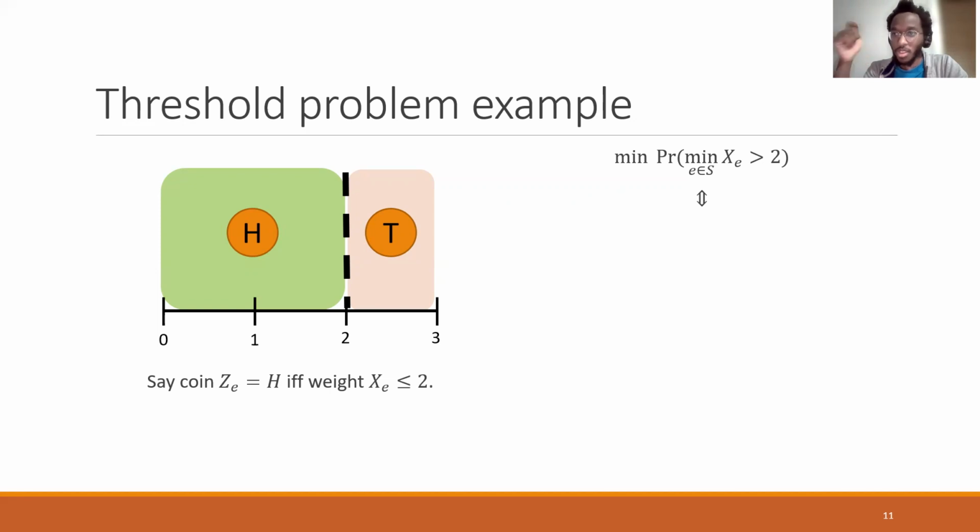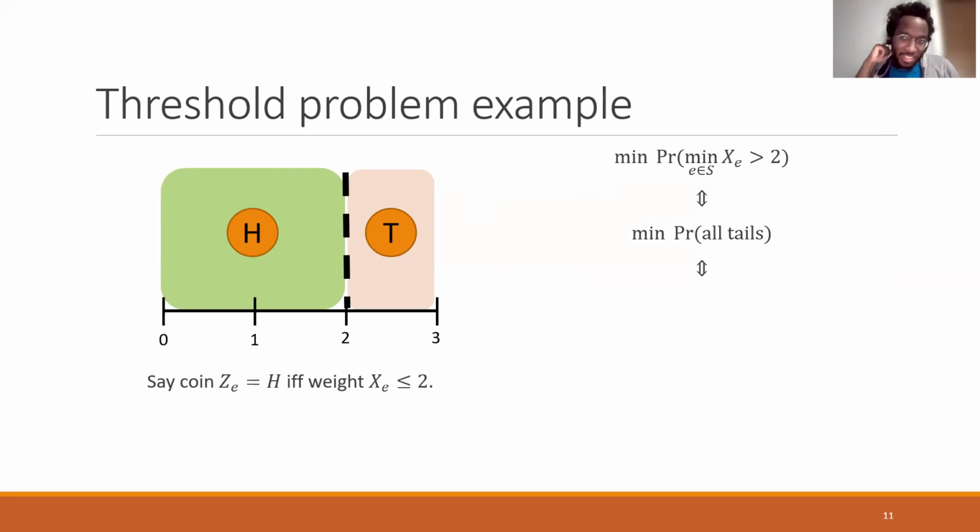It's heads if the weight of that element is less than or equal to 2, and tails if it's above 2. Then, in that language, our objective is just minimizing the probability that we get all tails when flipping coins.